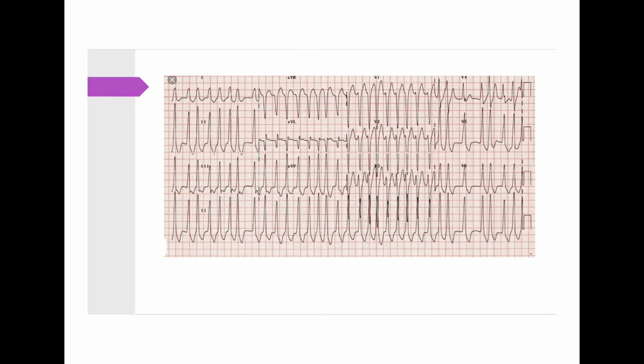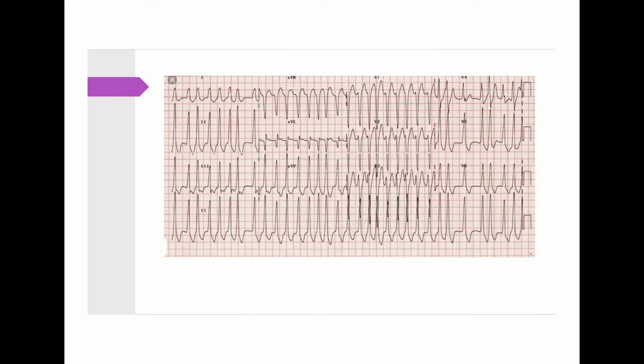So if it's irregular like this, you really want to suspect that the patient might have underlying atrial fibrillation, and there's some aberrancy which is leading to this wide complex. And in this case, the cause of the aberrancy is an accessory pathway. So this is essentially atrial fibrillation in a patient with Wolff-Parkinson-White syndrome.